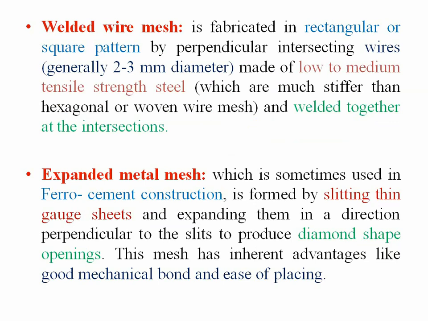It is fabricated in a rectangular or square pattern, with wires perpendicular to the intersecting wires. Generally those wires are 2 to 3 mm in diameter, made of low to medium tensile strength.